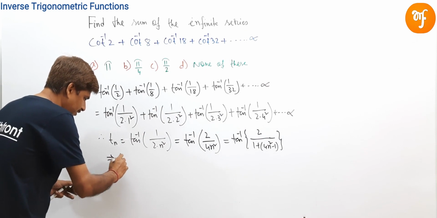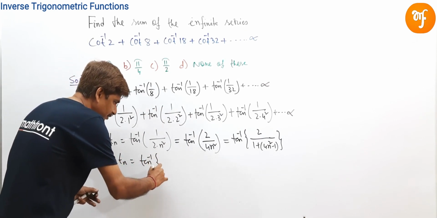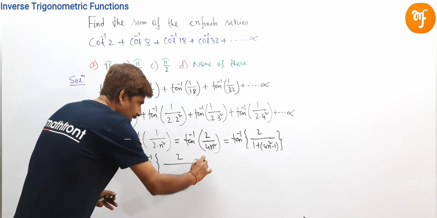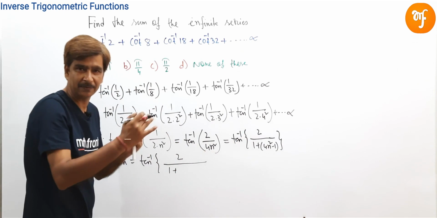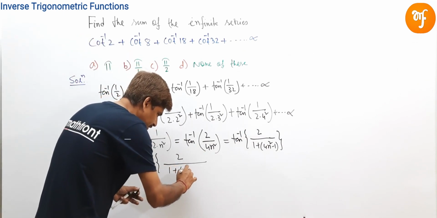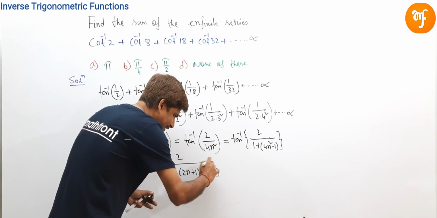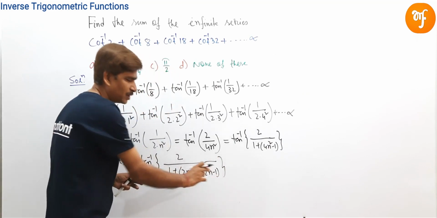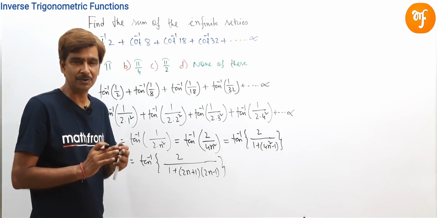So Tn is equal to tan inverse of 2 divided by 1 plus 4n square minus 1, which can be factorized in the form of 2n plus 1 into 2n minus 1. Basically, this 2n plus 1 and 2n minus 1 are x and y which we required.